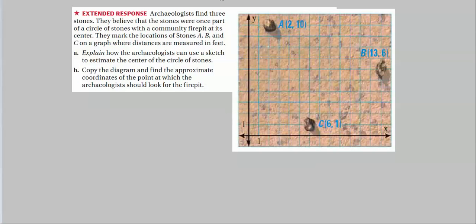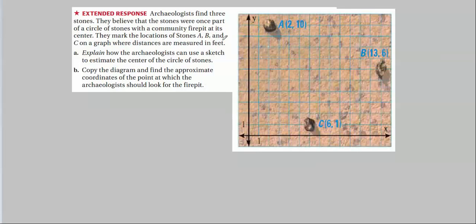Well, this one wants you to, well, let's see here, what are they saying? They found these stones, which they think are part of a fire pit, and they figure the fire pit would be in the center. What does it mean to be in the center? Well, that's a good question.